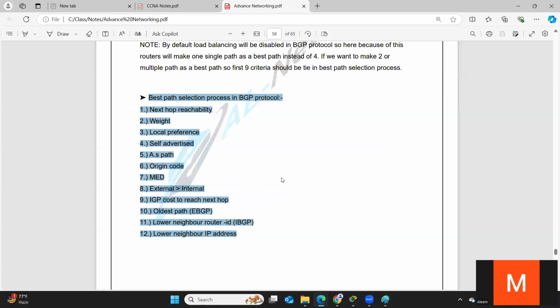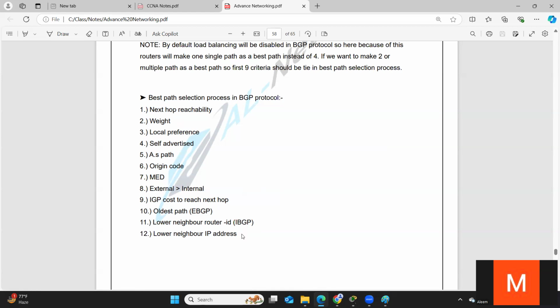The best path is selected based on this order. First the next hop is checked, then the weight, then the local preference, then self-originated, then the AS path, then the origin code, then the MED. MED is again a metric. Then it checks external over internal, then the IGP metric, then the oldest path.